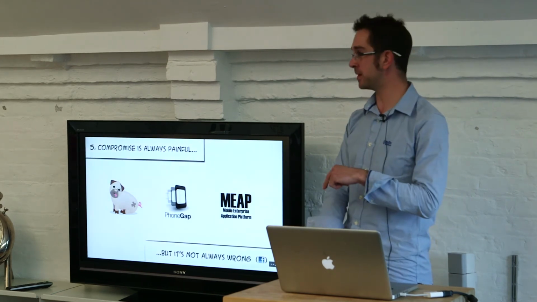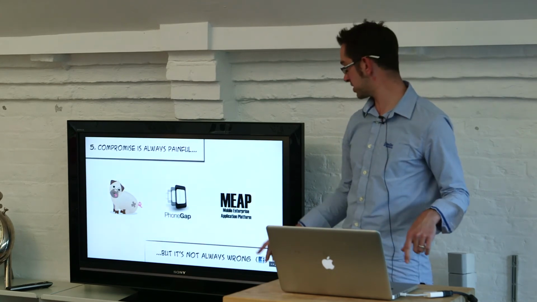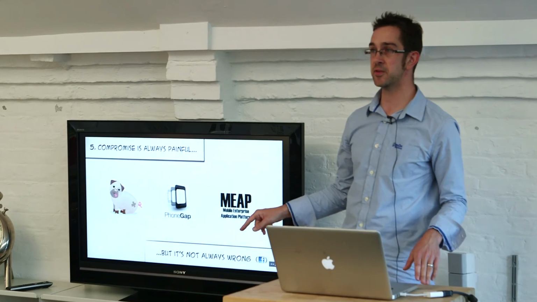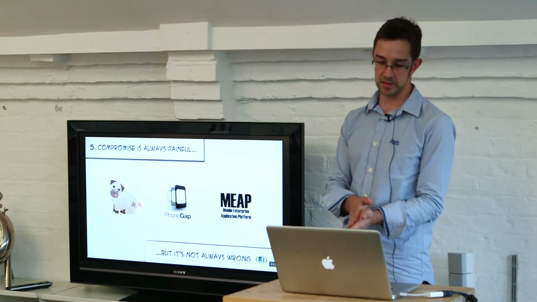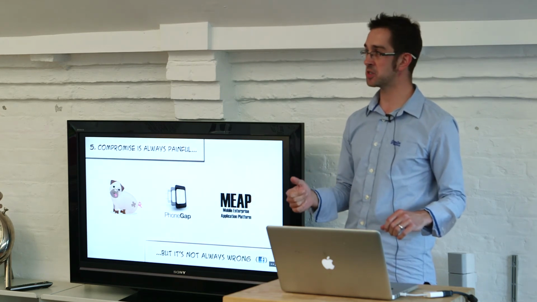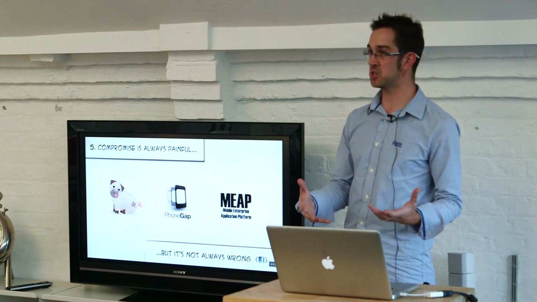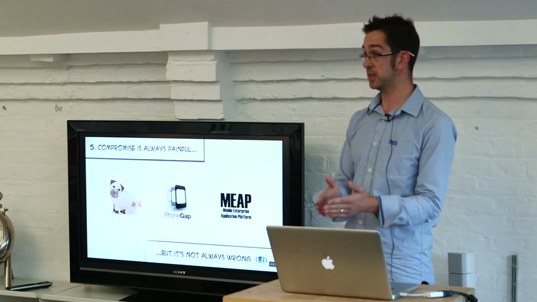But that doesn't mean compromise is always wrong. I think it's really interesting that Facebook chose to use HTML5 wrapped native apps for iPhone and iPad. And yes, they're slightly kludgy user experiences, but we have to assume that they've worked as a business strategy for the last 12 months or so.